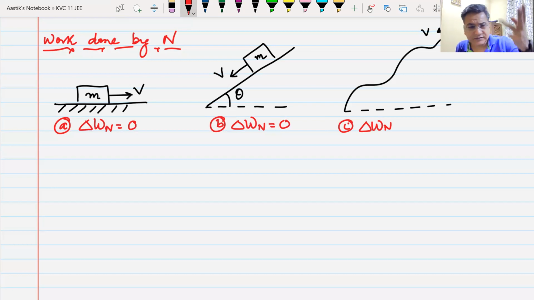There are only 3 options. Someone will say positive, the other one will say negative, the third one will say 0. So out of these 3, one of them would be correct. Yes? I'm waiting.